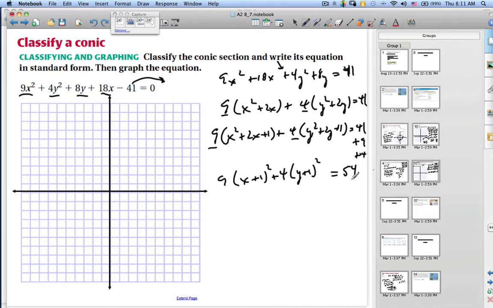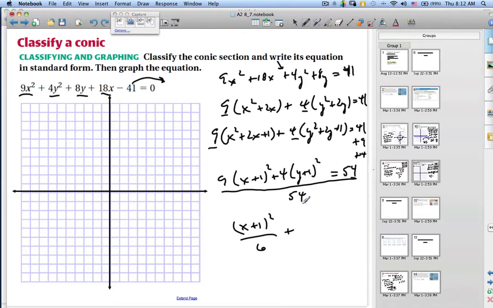Now, the whole thing has to equal 1, so I'm going to divide everything by 54. Okay, and 9 goes into 54 6 times. So I'll have x plus 1 squared over 6 plus 4 goes into 54.